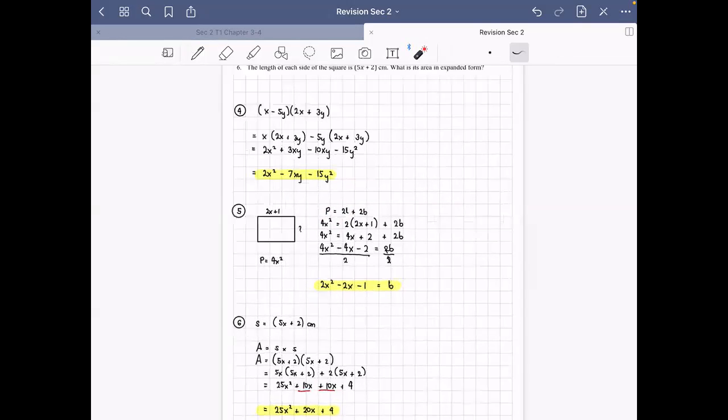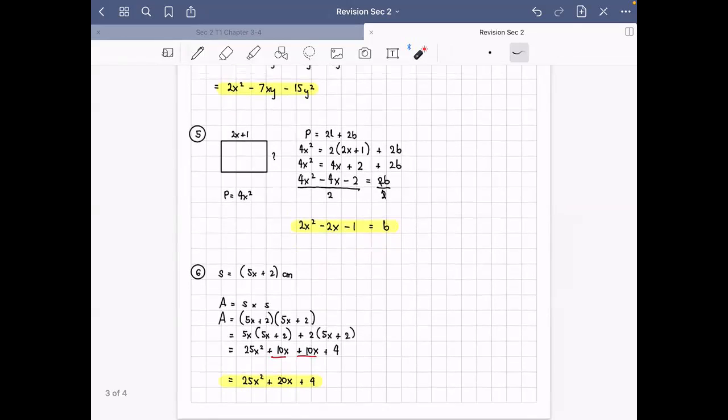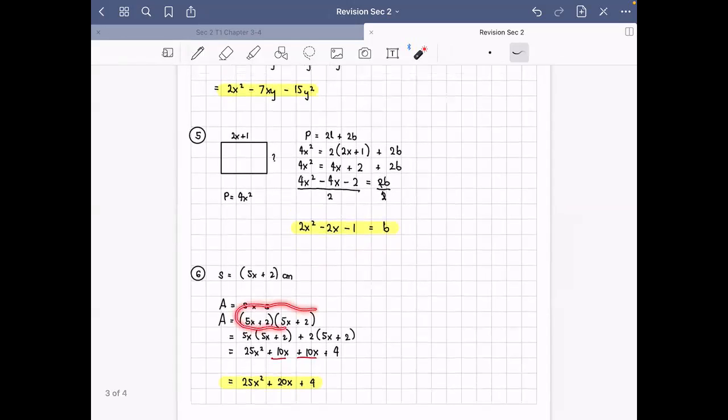Again, for number 5, it's this question here. And for number 6, you have done this: 5x plus 2 times 5x plus 2. Again, class, in my observation, please be careful with your signs, those negatives and positives. So that's 4, 5, and 6.